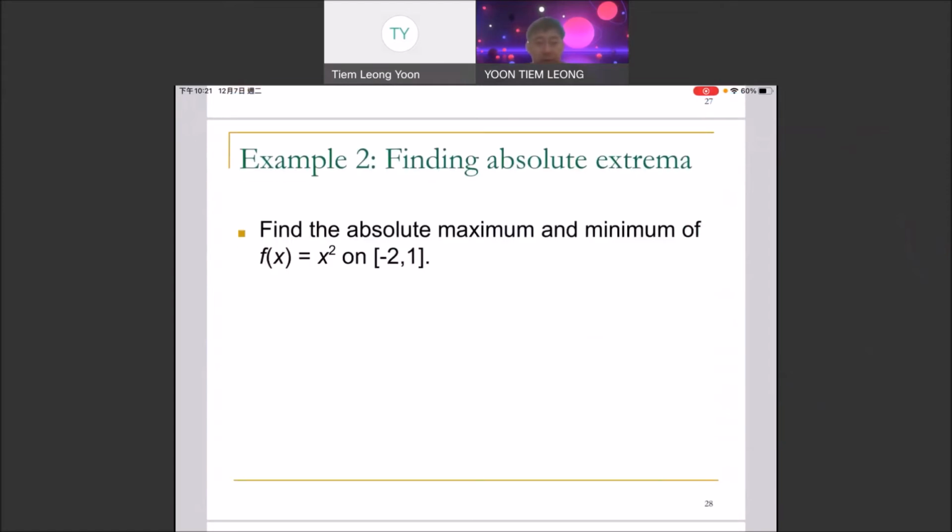Right? So you have a function that looks like this, f(x) equals x squared, and is defined on the interval of -2 and 1. And let's just see how you would calculate the absolute minimum and absolute maximum for this function.